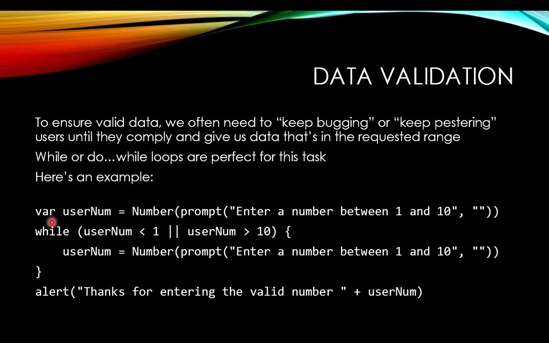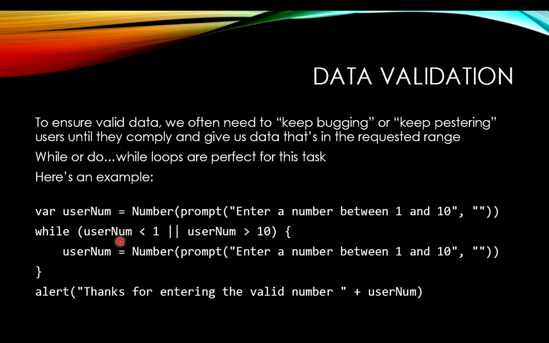So in this case, the loop condition, you notice, is the bad stuff, right? Any possible bad conditions, bad data, all goes here. So in this case, we ask them for the number between 1 and 10, and we say, hey, while the user's answer is less than 1 or the user's answer is greater than 10, that means they gave us bad data. So not going to work. So ask them again.